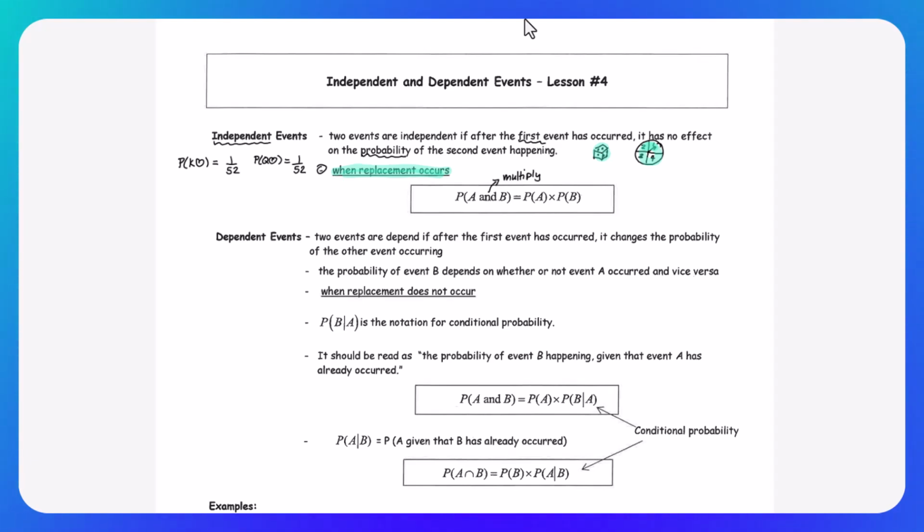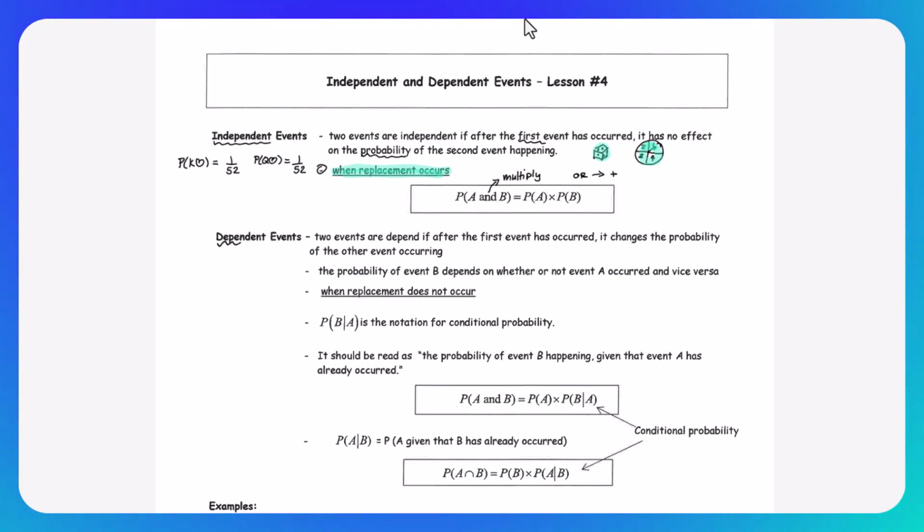In previous lessons, we've talked about "or," and "or" refers to adding. We're going to use "or" a little bit later when we talk about cases. So that would be independent events.